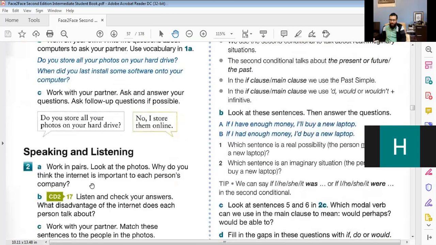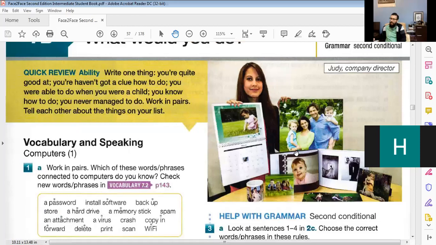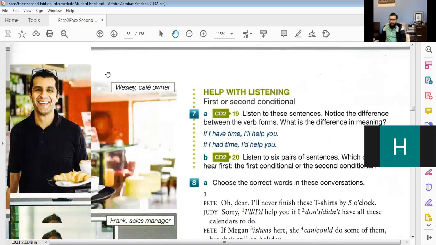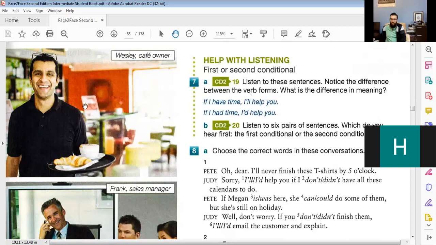And after that, we listened to 3 people who have 3 different jobs, but they all depend on the internet. One of them was Judy, the computer director, who sells her calendars and does her business online. And then we also listened to Wesley's story, because Wesley is a cafe owner. And of course, it's very important for him to have an internet connection for his clients and the people who sit in his cafe.